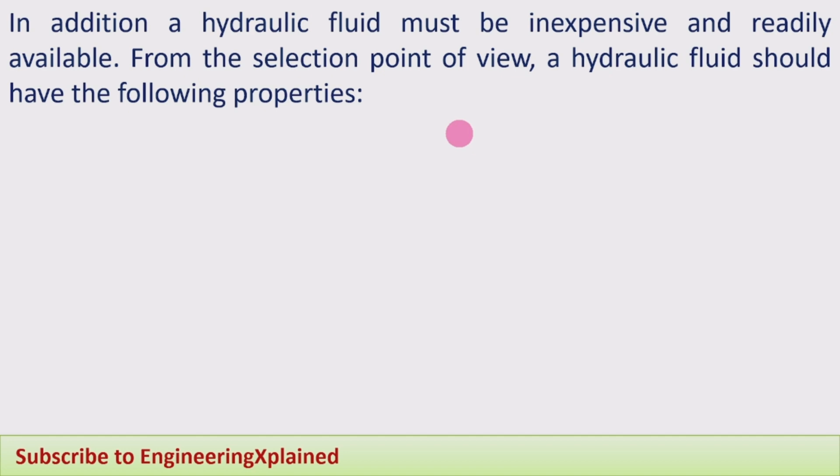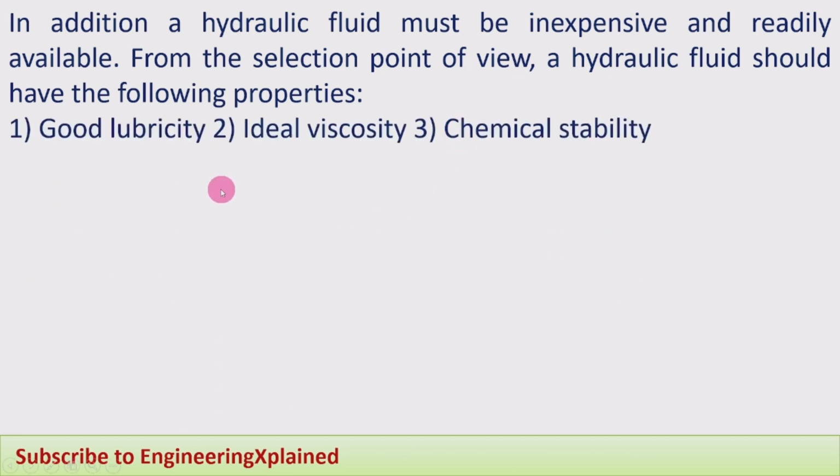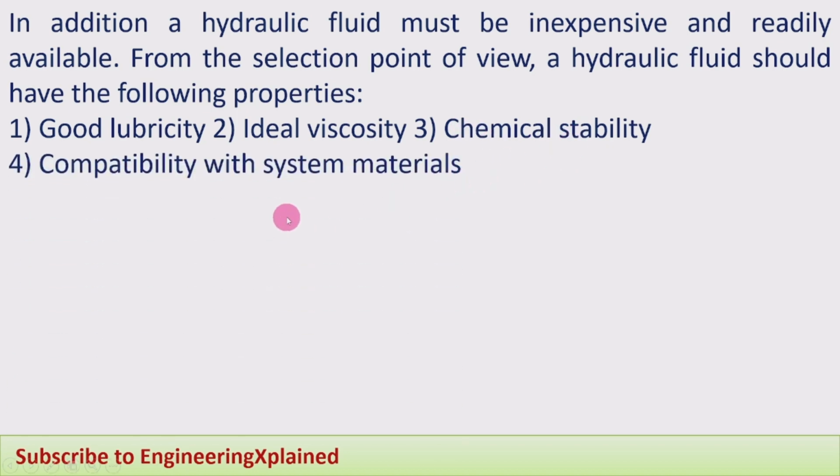First is lubricity, that means lubrication purpose. It should be available. Ideal viscosity, that is, viscosity means resistance to the flow of the fluid, should be low. Chemical stability: chemically it should be non-reactive during the operation.